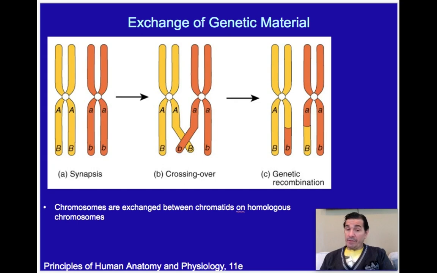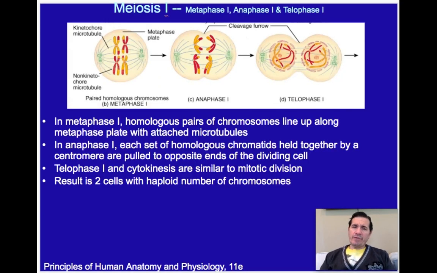What we end up with is both lefts in one box and both rights in the other box. So with the crossover, it gives that variation for each box. And then it undergoes another cell division where we get a left, a left, a right, and a right. So we get four boxes, each with one shoe. So when we're looking at meiosis 1, that's what we're seeing: our two lefts in one cell, and our two rights in the other.